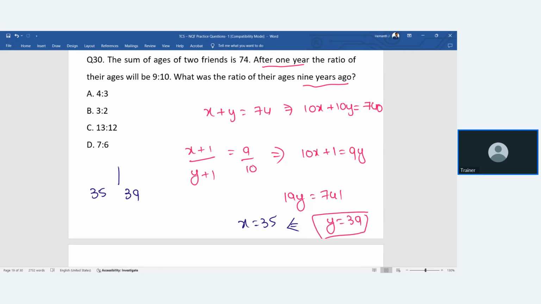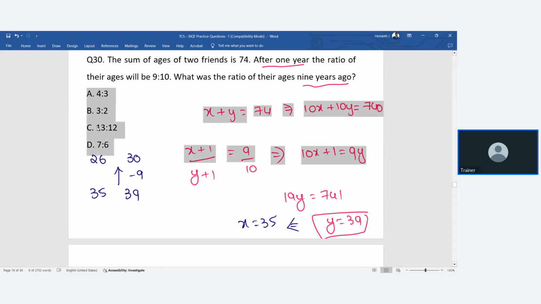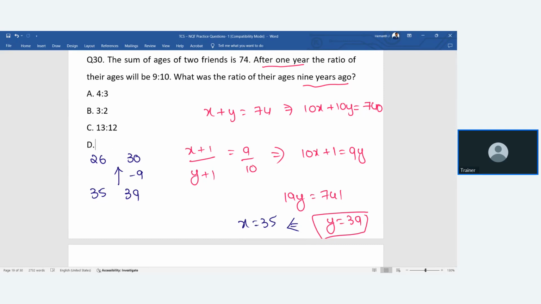9 years before, if you go minus 9, it is 26 and 30. The ratios are wrong, you ignore it. It should be 13 and 15. The answer is 13 and 15.